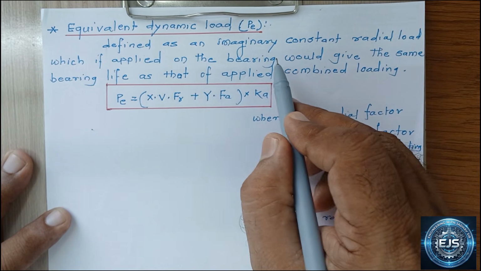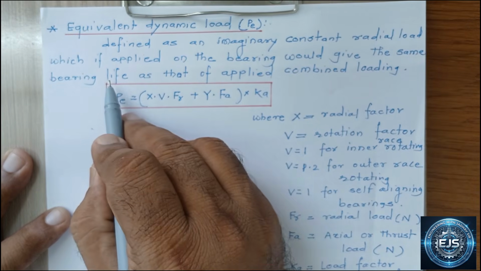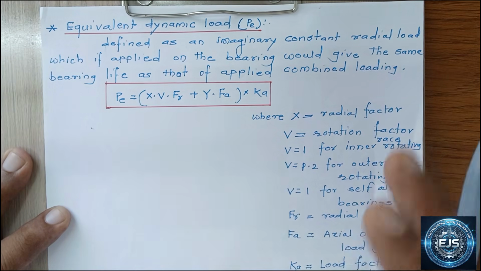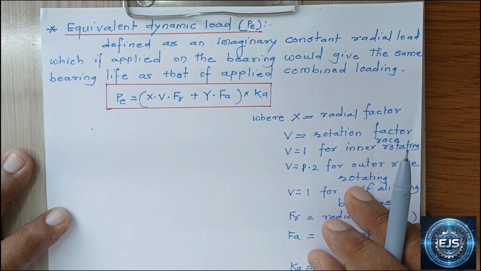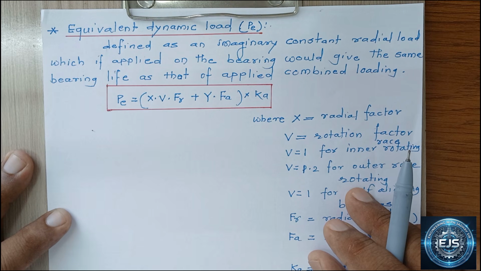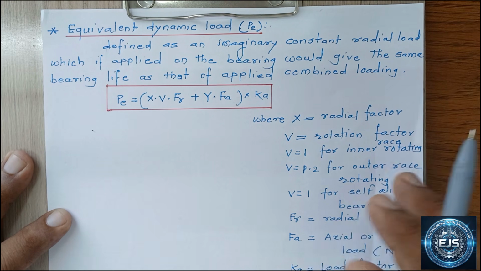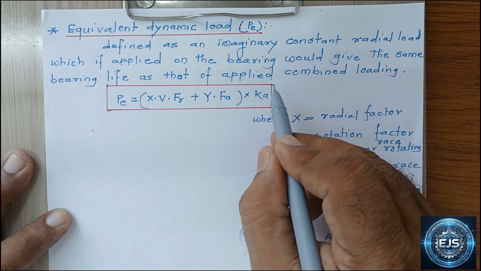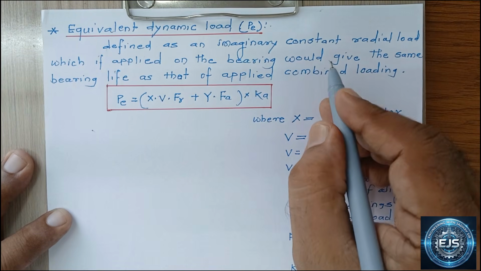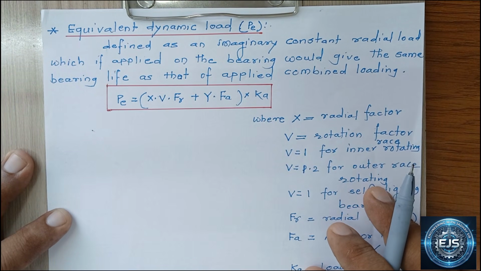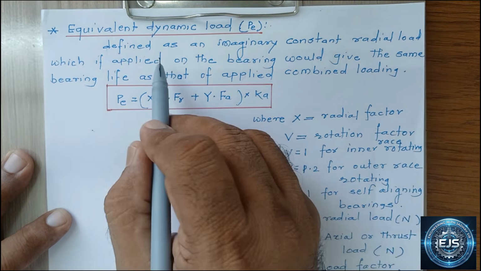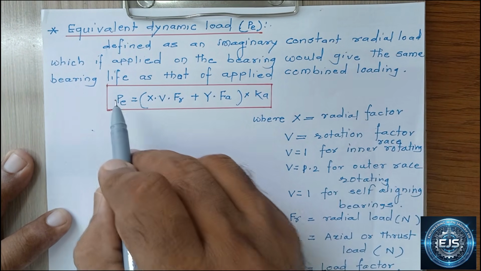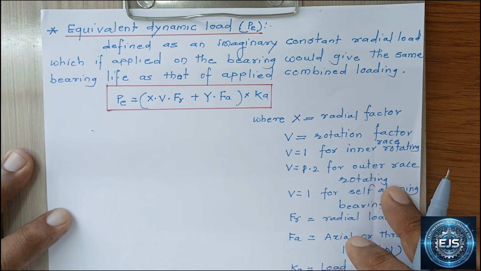Equivalent dynamic load is nothing but an imaginary constant radial load which, if applied on the bearing, would give the same bearing life, same rating life, as that of the actual combined loading. हमने देखा रोलिंग कॉन्टैक्ट बेरिंग में दो टाइप के लोड होते हैं, एक रेडियल लोड होता है और दूसरा होता है एक्सियल लोड, कंबाइंड लोडिंग बोलते हैं. कंबाइंड लोडिंग में बेरिंग जितना रेडियल लोड ले रहा है, जितना बेरिंग लाइफ कंप्लीट कर रहा है, उसका equivalent radial load. So equivalent dynamic load is nothing but imaginary radial load which, if applied on the bearing, would give the same bearing life as that of the applied combined loads.